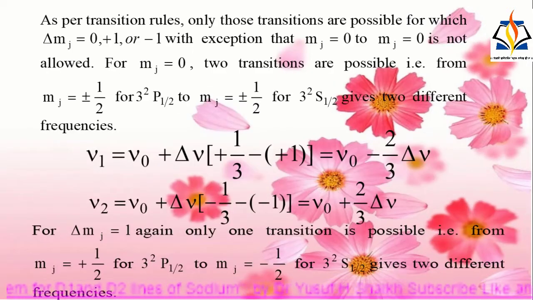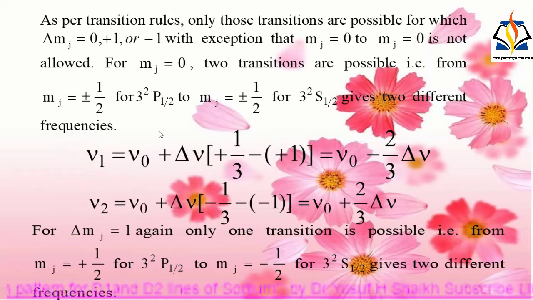As per transition rules, only those transition states are possible for which delta mj is equal to 0, plus 1 or minus 1, with the exception that mj equal to 0 to mj equal to 0 is not allowed. For delta mj equal to 0, two transitions are possible, that is from mj equal to plus minus half for 3 square P half to mj equal to plus minus half for 3 square S half.